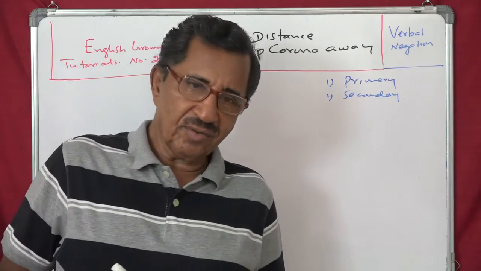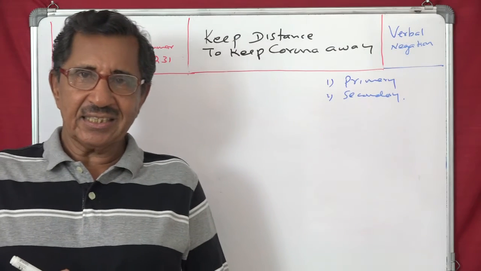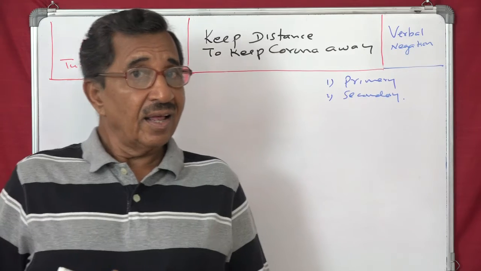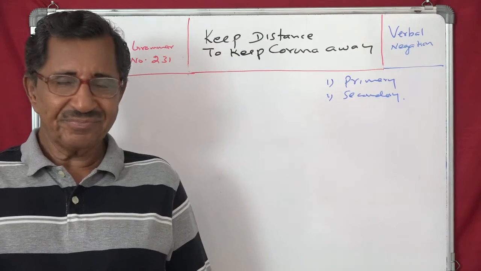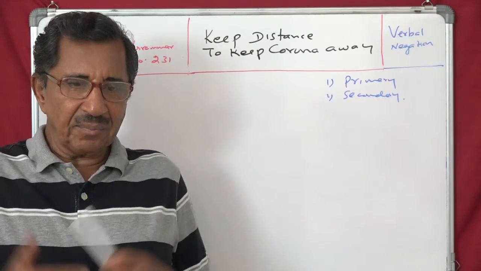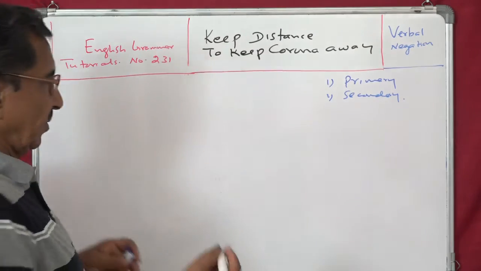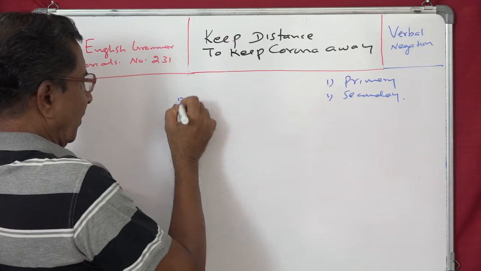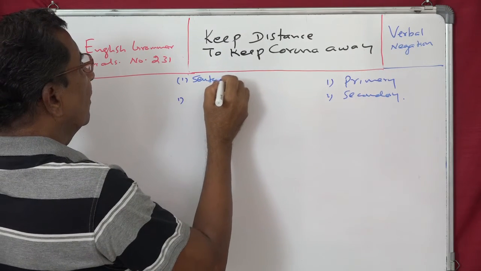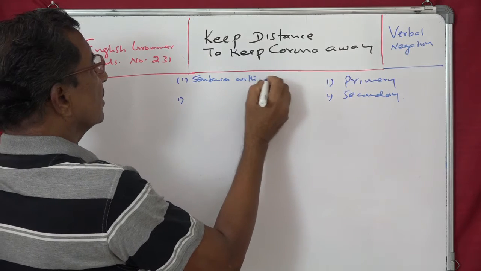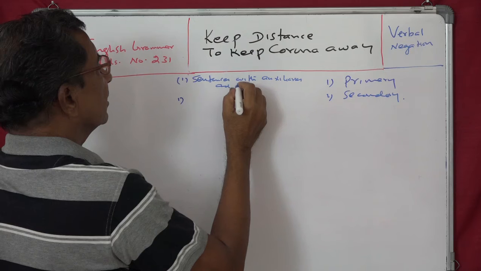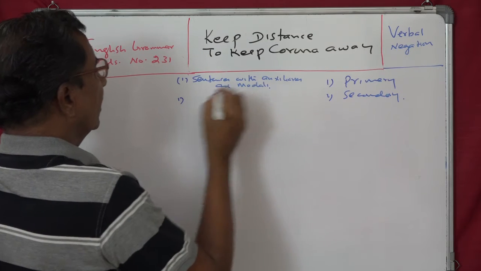The first one is negating affirmative sentences that contain modals and auxiliaries. For example, he can go.